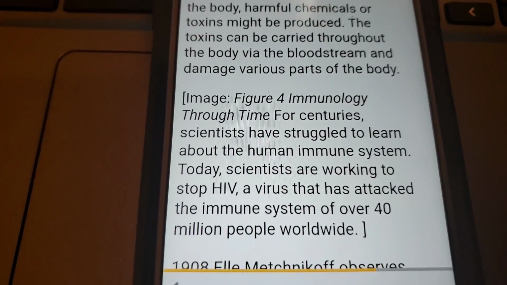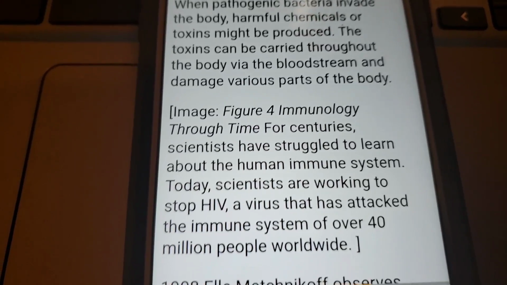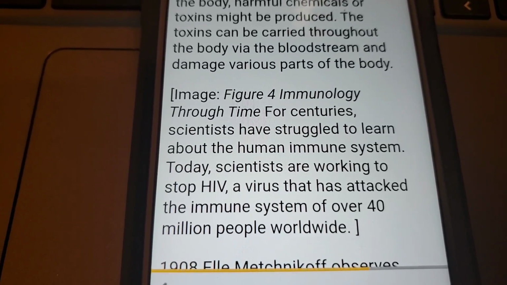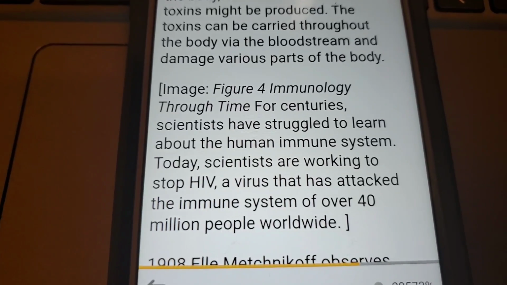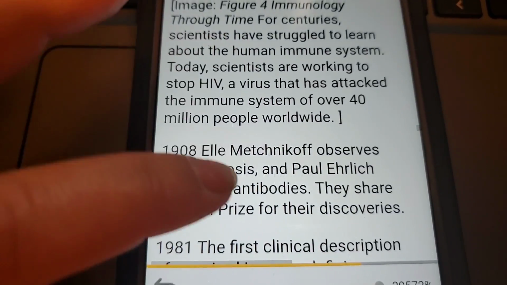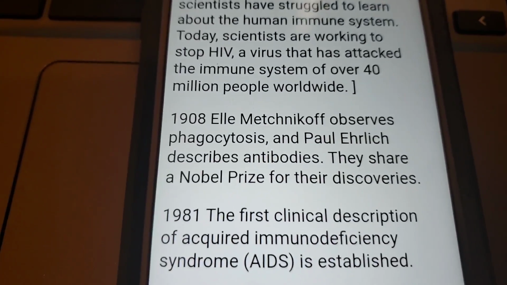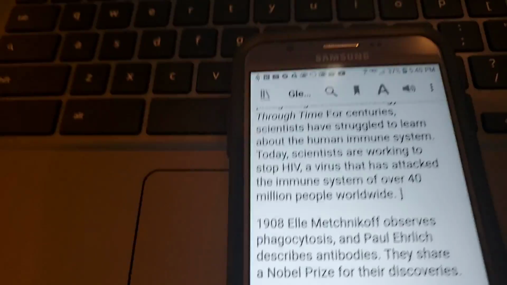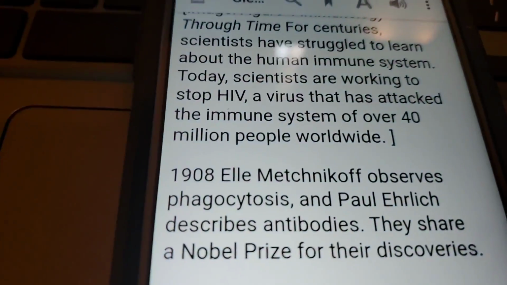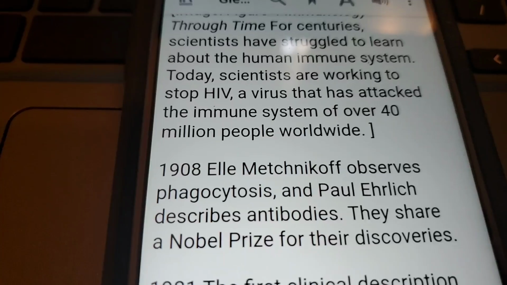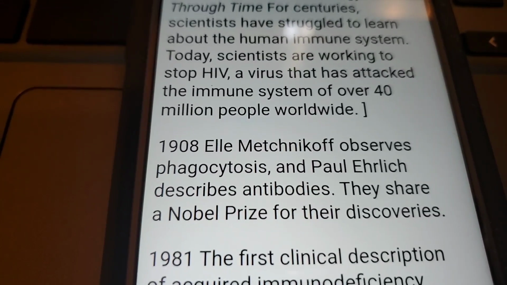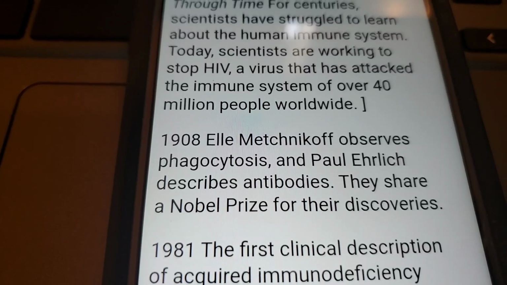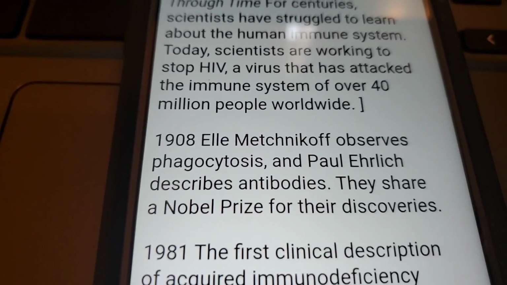Scientists have struggled to learn about the human immune system. Today, scientists are working to stop HIV, a virus that has attacked the immune system of over 40 million people worldwide. In 1908, Metchnikoff observes phagocytosis, and Paul Ehrlich describes antibodies.